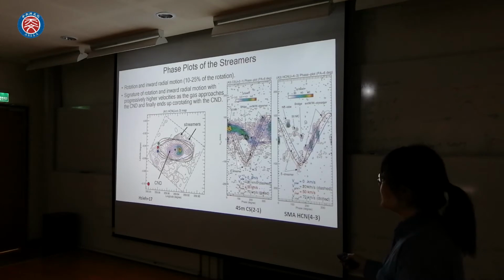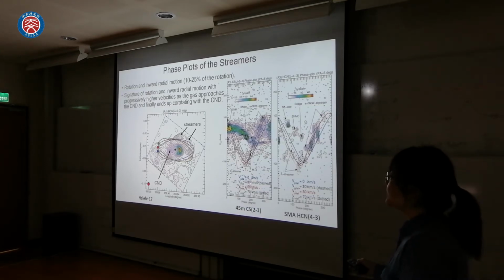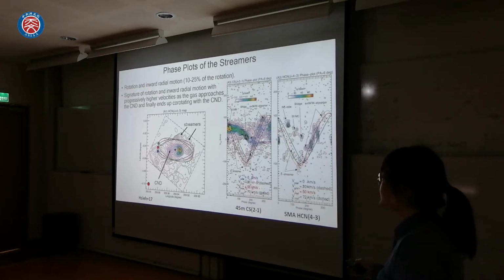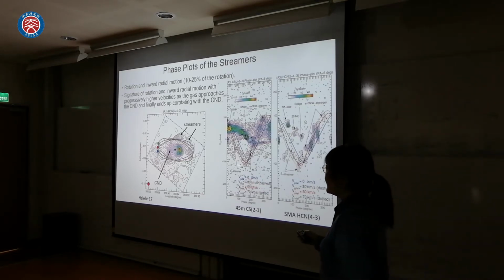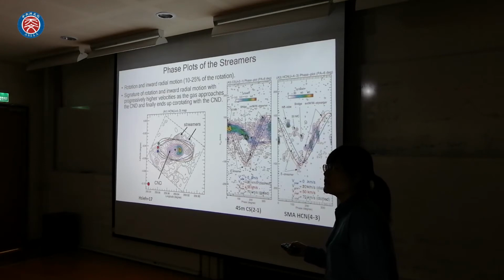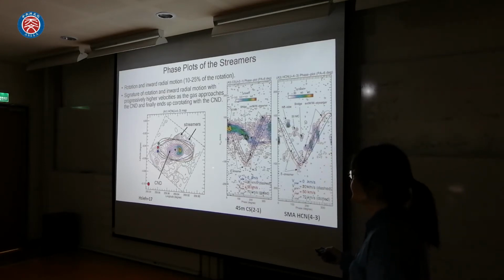So four models are overlaid in the plot. This is a Keplerian rotation without inflow and with inflow velocities of 20, 50, and 70 kilometers per second, which is what I would call a radial motion instead of the tangential motion. We find that the data cannot be explained by pure Keplerian rotation, and we need additional radial inward motion to explain the data.